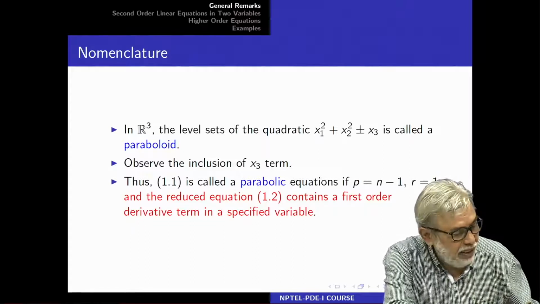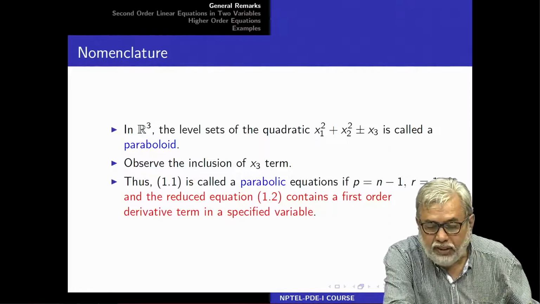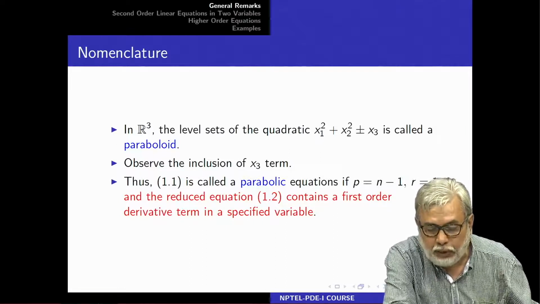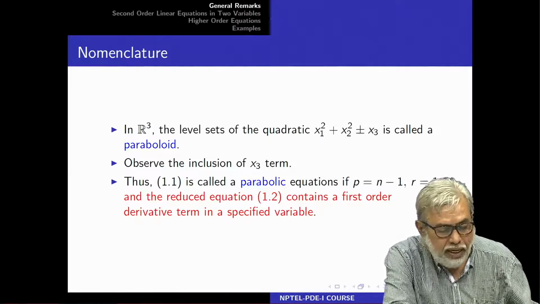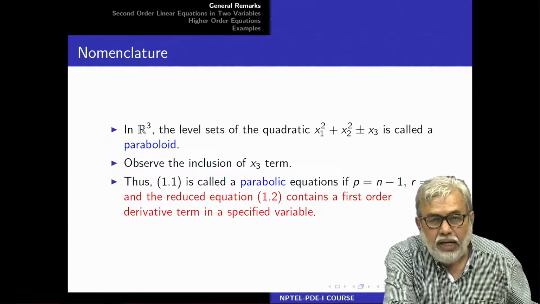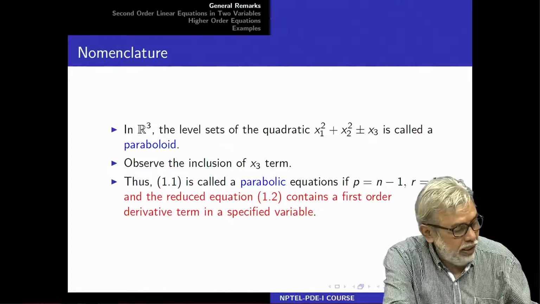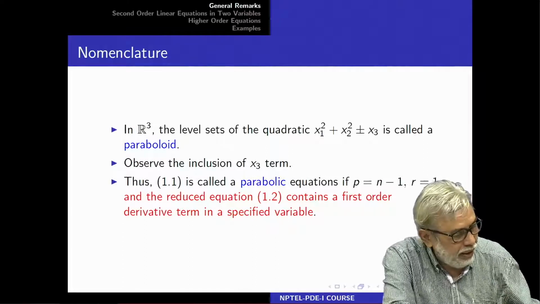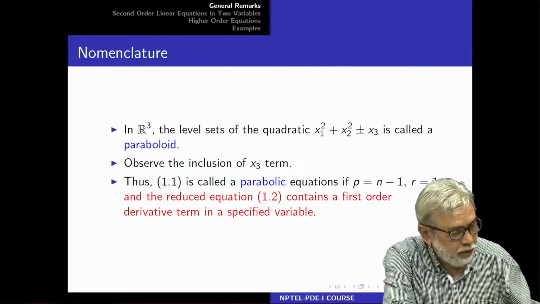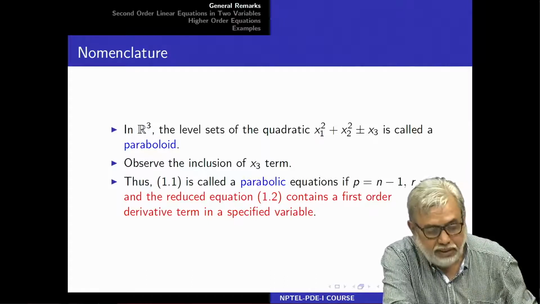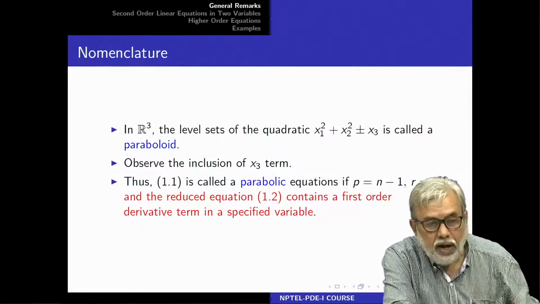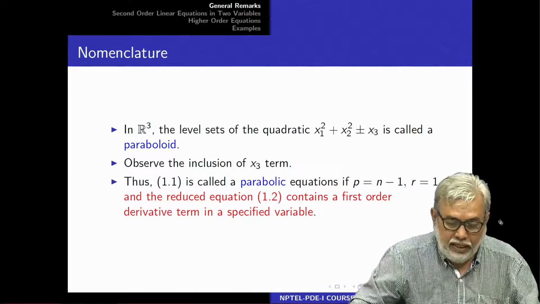Just like for the paraboloid, the first order linear term should be in x3 and not x1 or x2. The same thing should happen for the reduced equation, then only we call it parabolic, otherwise some other classification needs to be done. We will see in some examples later why this additional remark and stress is there.